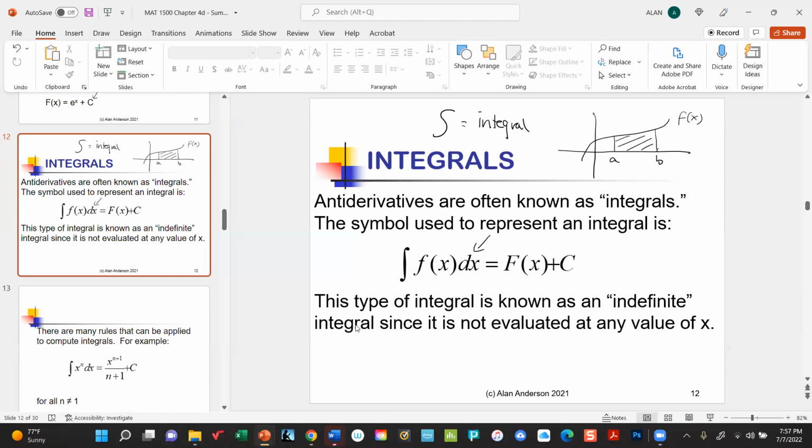Well, one strategy is to do this. What if I were to construct a series of rectangles reaching up to the curve, and I calculate the areas of all these rectangles and add them up?